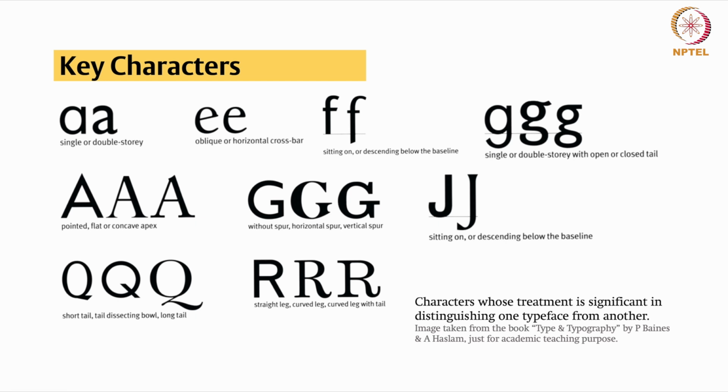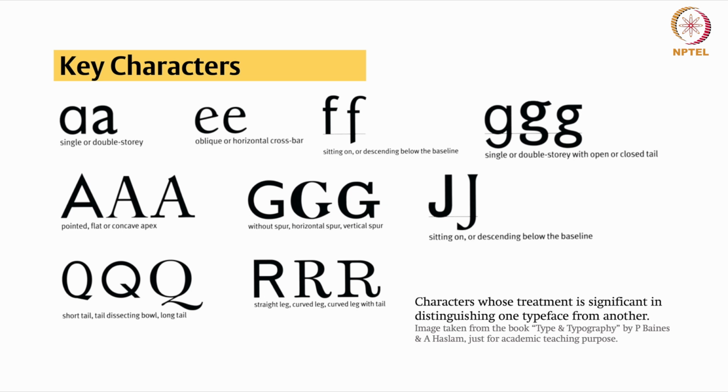Even if you look into letters Q and R, there are a lot of possibilities to change the tail of the letter Q, and also change the tail of letter R. That is also called the leg. Designers make these kinds of changes just to give an individual personality and character to their fonts and typefaces.